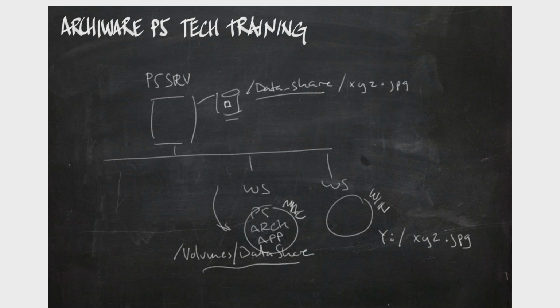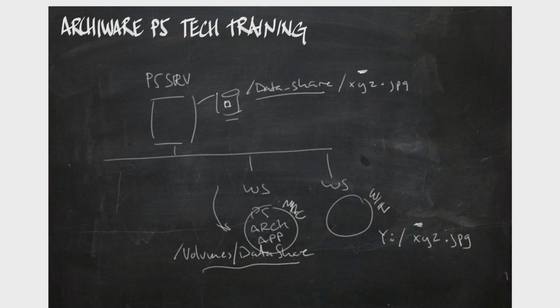And it does this by placing some hidden files inside of this folder here and then looking for them in the Y drive to see which share it is that the P5 needs to read from. So you see there's a level of complexity behind allowing archiving from the desktop from shared storage.